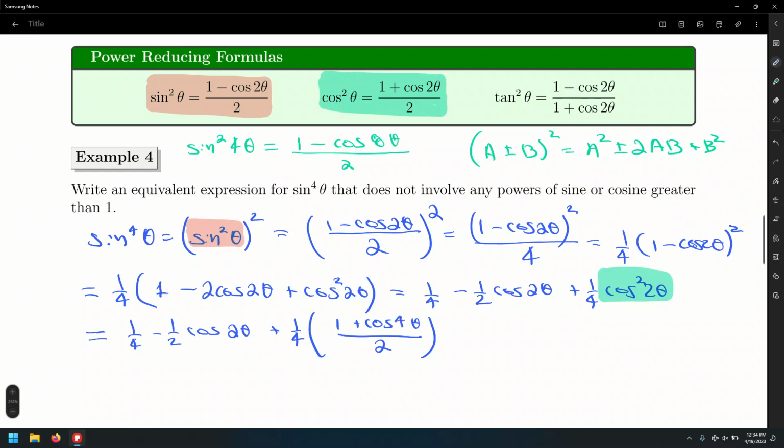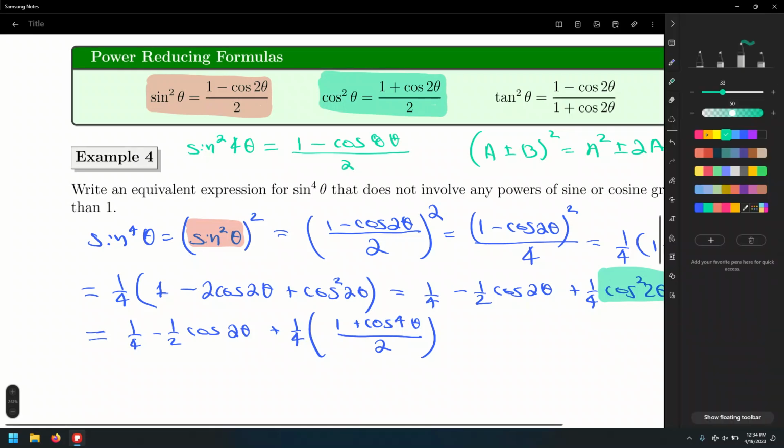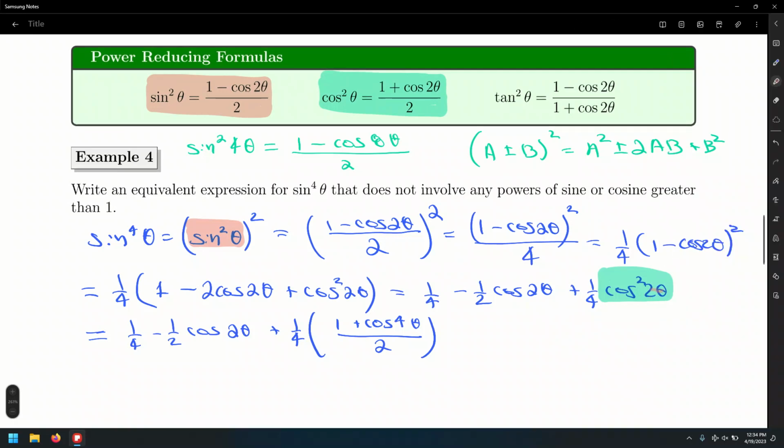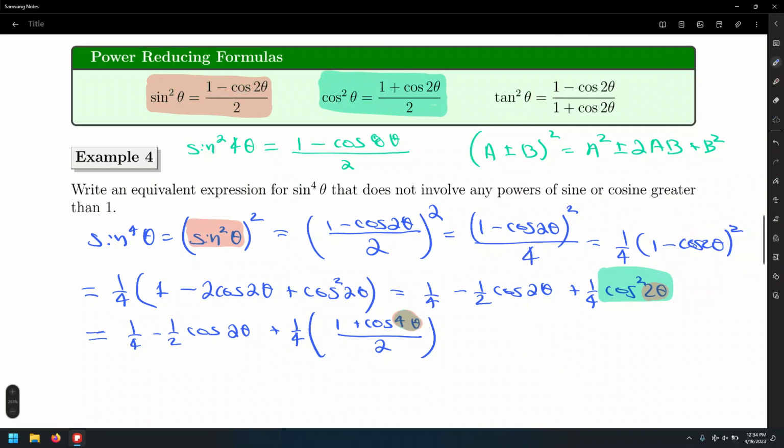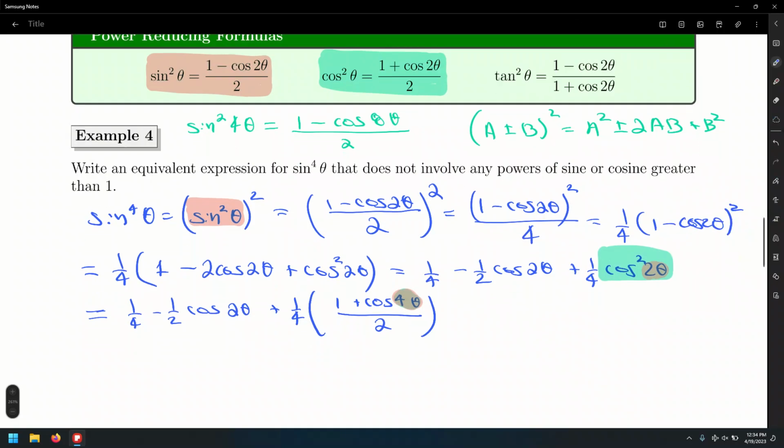Careful with this, right? Actually, let me do a second highlight. I know it's going to look a little weird here, two colors overlapping, just so it makes more sense. All right, number one, how about we multiply the 1/4 with the 1/2?